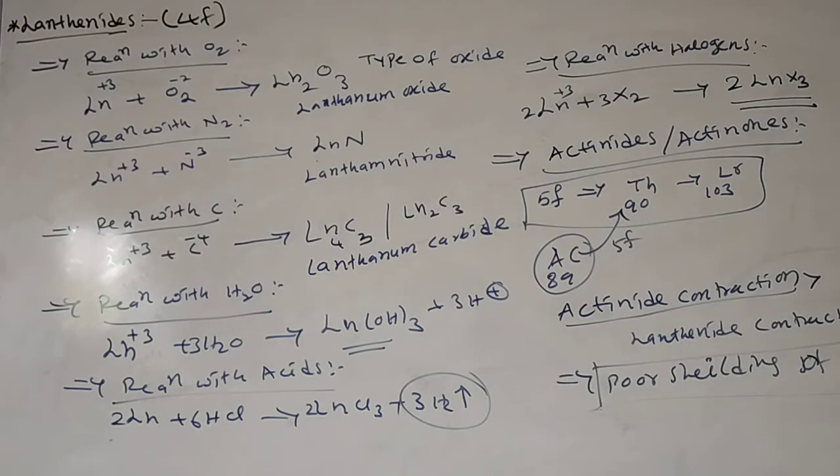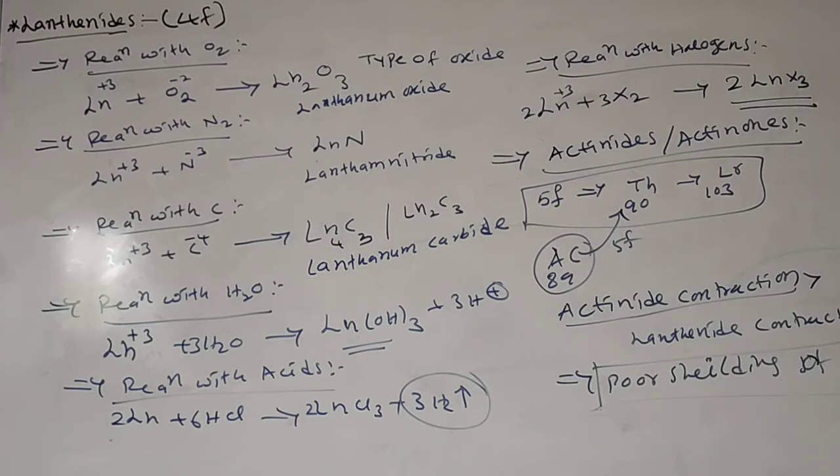In this chapter we discussed the electronic configuration of 3d series, 4d series, 5d series, 6d series also. After that, electronic configuration of lanthanides. Very important in this chapter are the specific properties of transition elements.